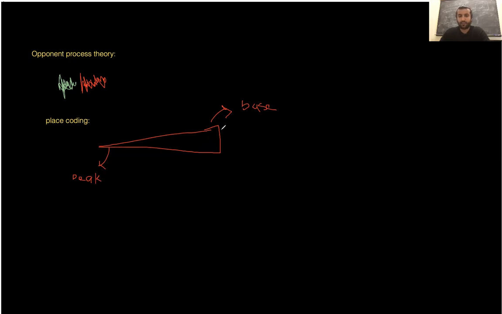The base of the basilar membrane tends to receive higher frequencies, and the peak receives lower frequencies, and this is the place coding.